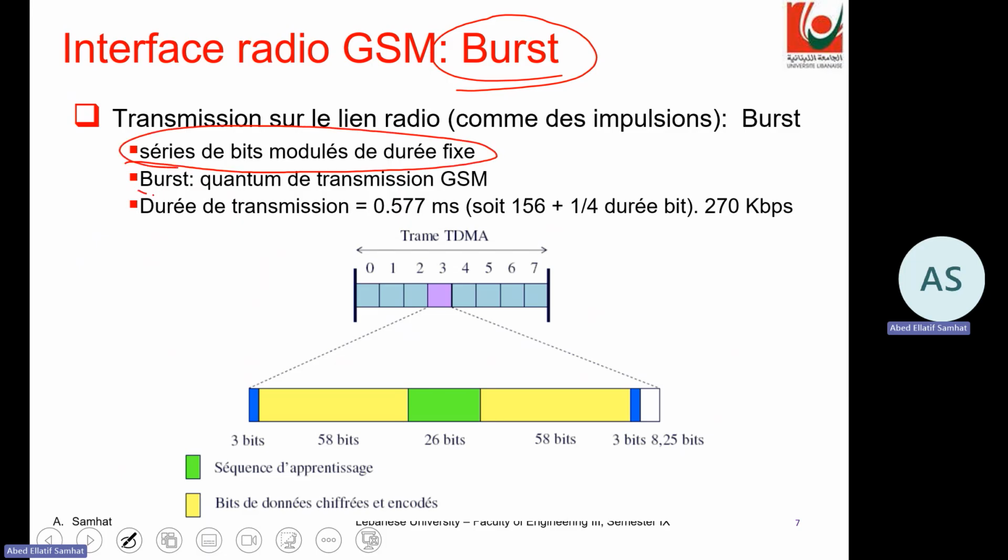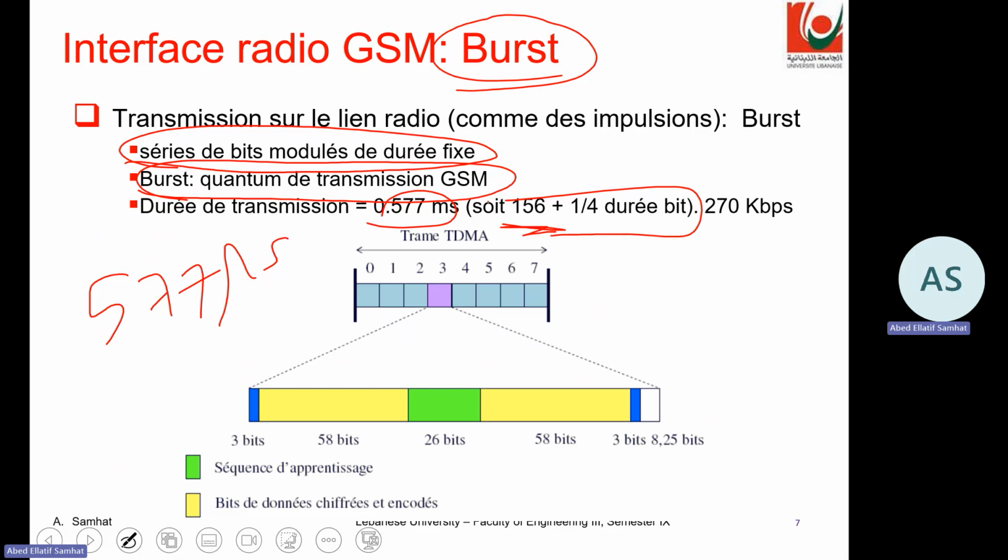It's a quantum of transmission in GSM, and the duration of transmission is one time slot. This means it's 577 microseconds, and it's typically known as 156 bits plus 1 over 4 of a bit.